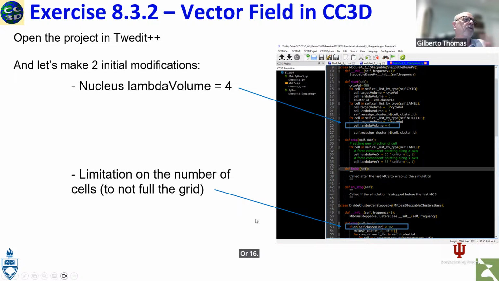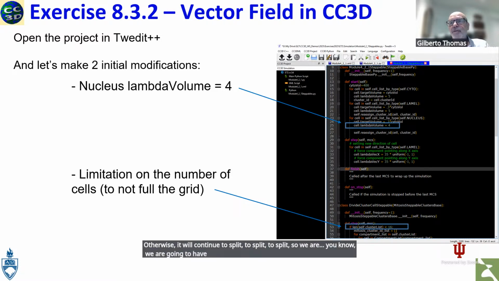This is to have room for the cells wandering around the grid. Otherwise, it will continue to split, to split, to split.